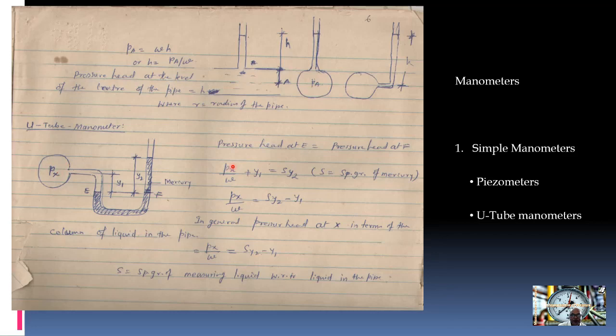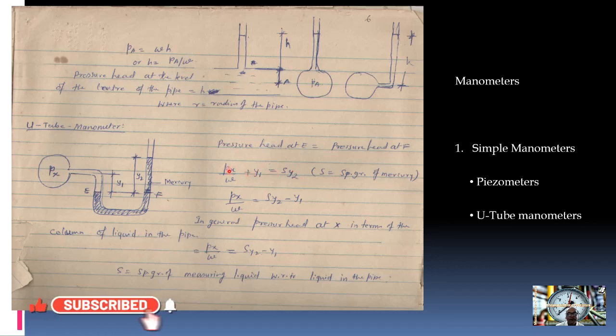So Px by W plus Y1 into the specific gravity of the flowing fluid is equal to the pressure at E, which is equal to F, which is equal to S, where S means the specific gravity of the manometric liquid, into Y2. Why Y2? Because the pressure at E is equal to the pressure at F. So the manometric equation will become Px by W plus Y1 is equal to S into Y2.